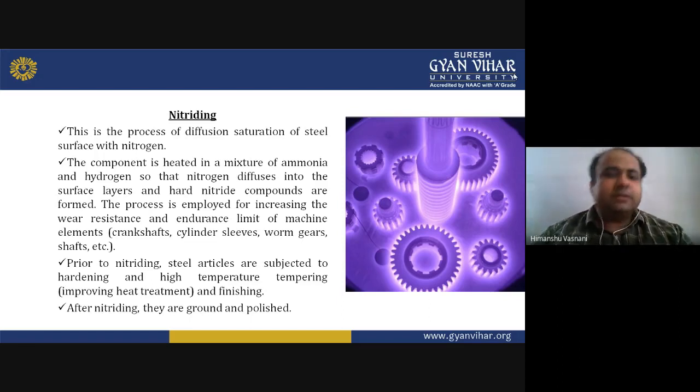These are the various machine elements in which we apply nitriding, and the purpose is to increase their wear resistance and endurance limit. Prior to nitriding, steel articles are subjected to hardening and high temperature tempering, like improving heat treatment, and finishing process. After nitriding, they are ground and polished. This is also important.